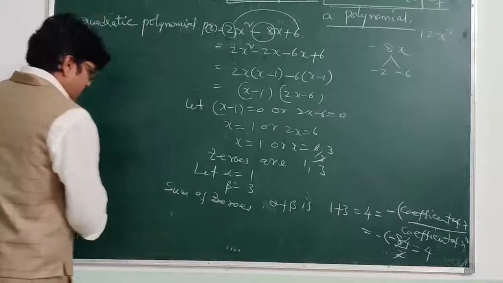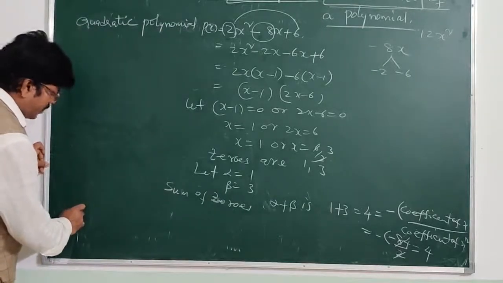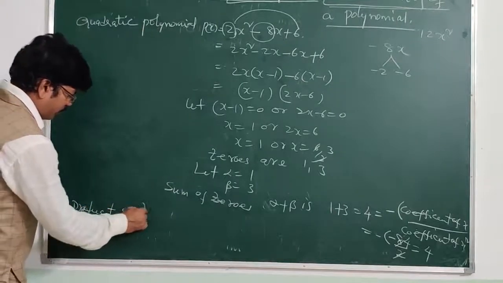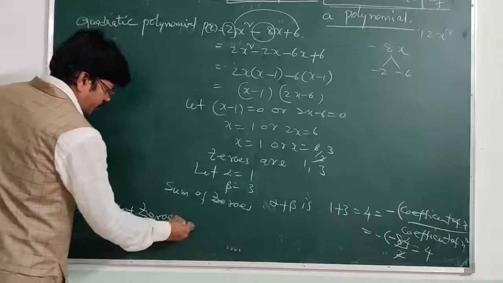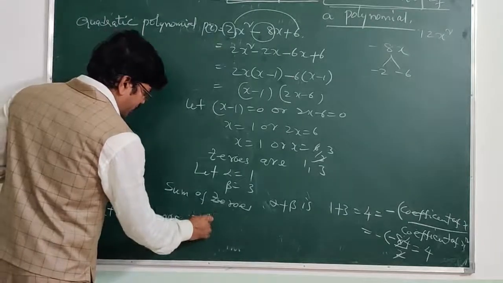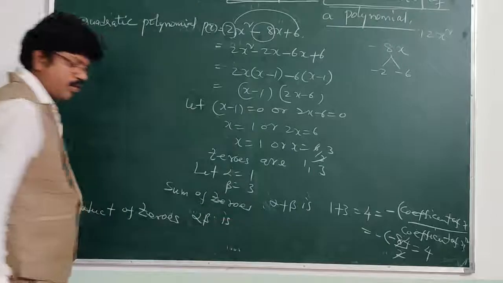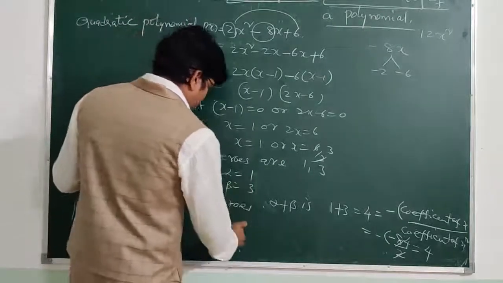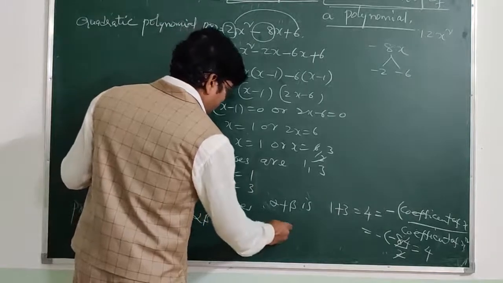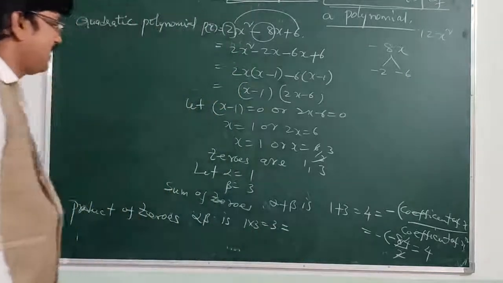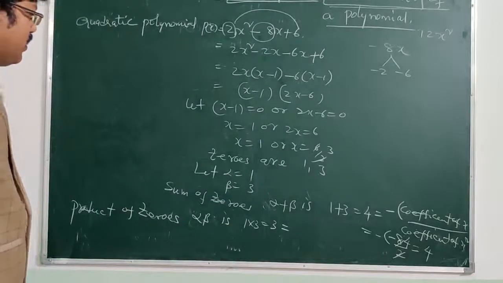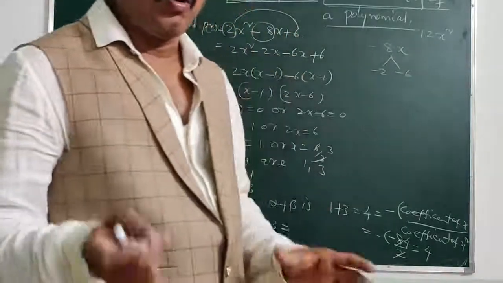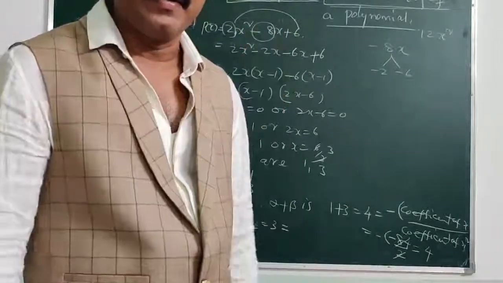And the product of zeros, alpha beta: what is alpha beta? 1 into 3. This is equal to what? Constant term by coefficient of x square.